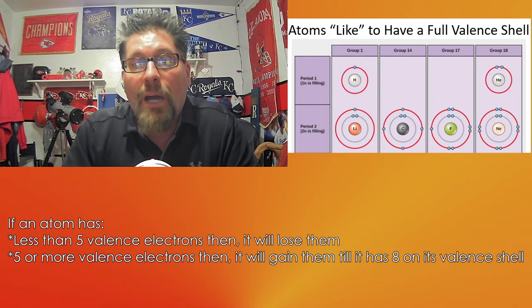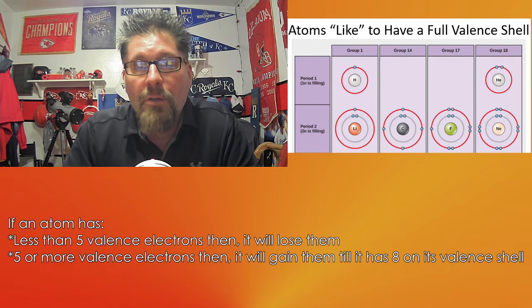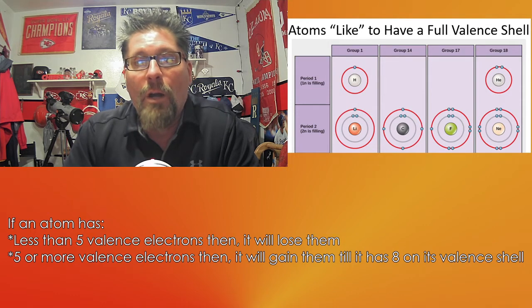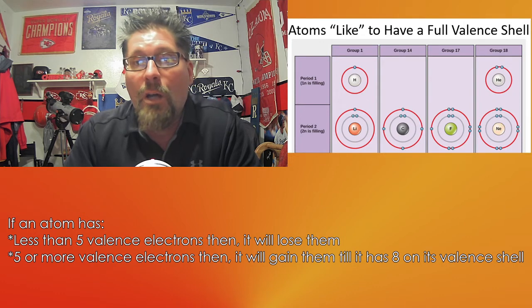Now, I've got some examples here, but it's not a hard and fast rule as we like rules to be. In this case, the number 5 is kind of the point where electrons can be gained or lost. If an atom has less than 5, it typically loses those electrons to stronger ones.